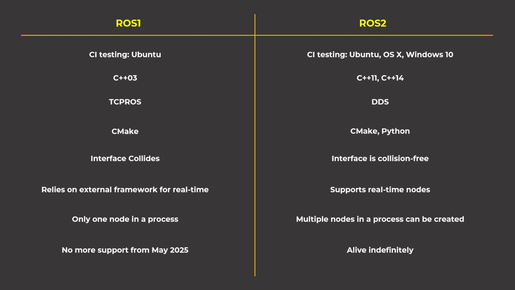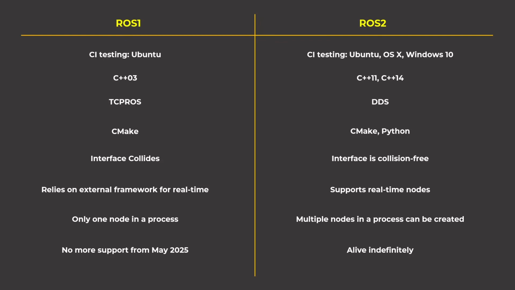In ROS2, the generated code uses separate namespaces to guarantee it's collision-free. ROS1 does not support real-time code, but relies on external frameworks. In ROS2, you can write real-time nodes when using a proper real-time operating system with carefully written user code.